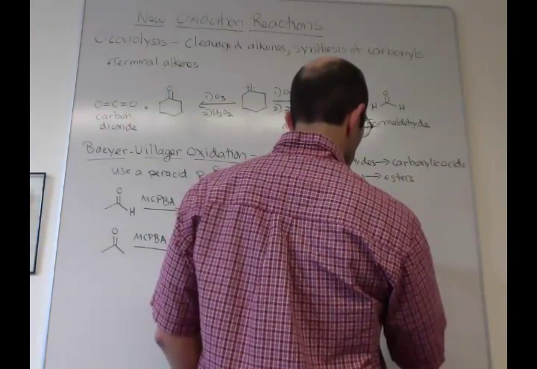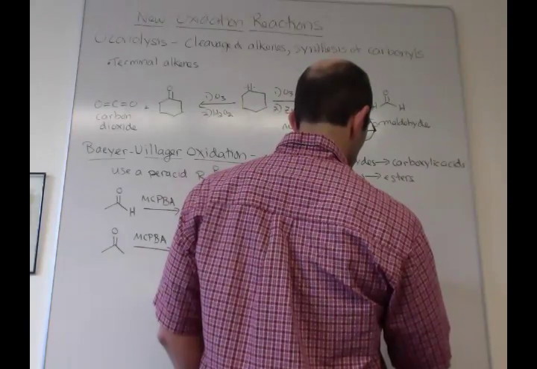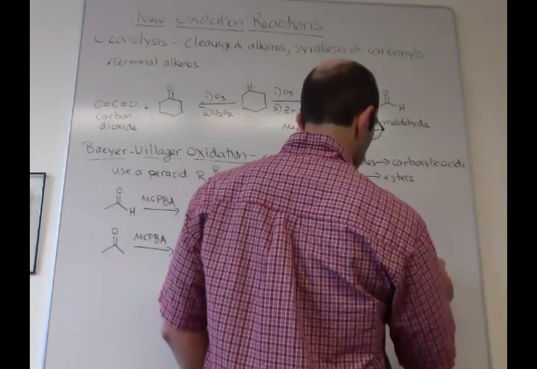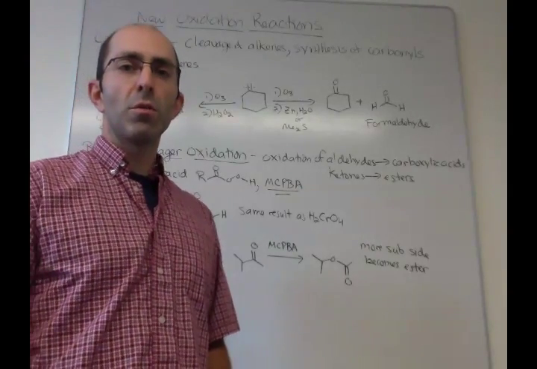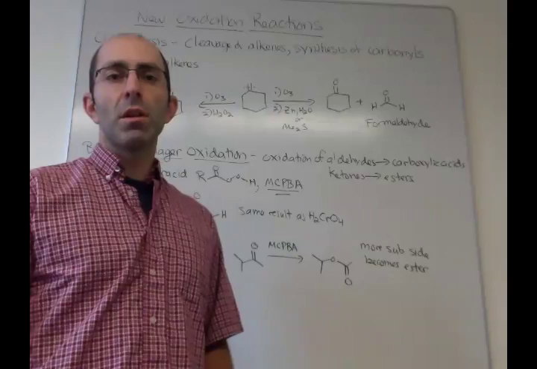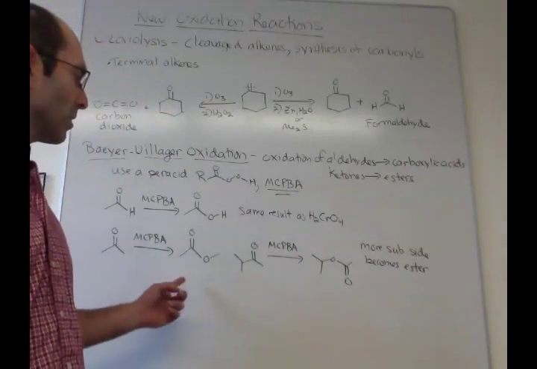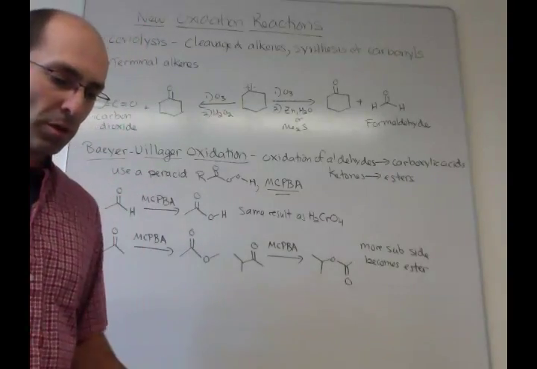And it's a little bit complicated why that side becomes the ester. It has to do with developing charges in the transition state. The key for us to think about, though, is that when we have a ketone, the more substituted side is the side that's going to become the ester. That's the thing for us to remember.